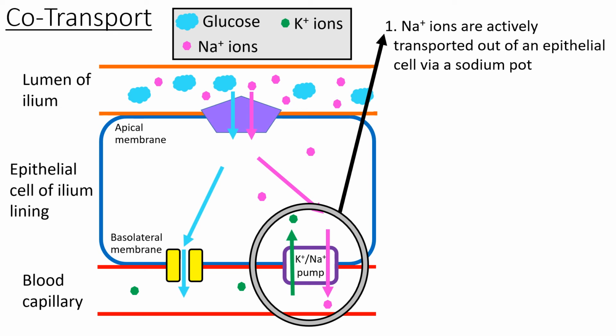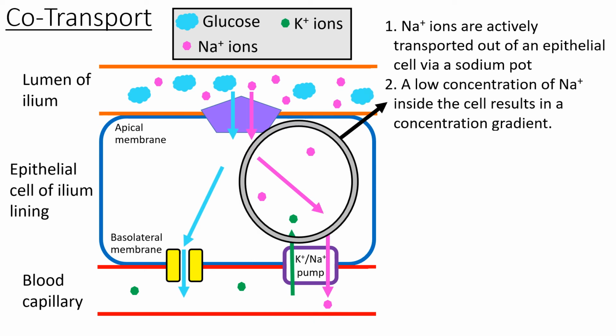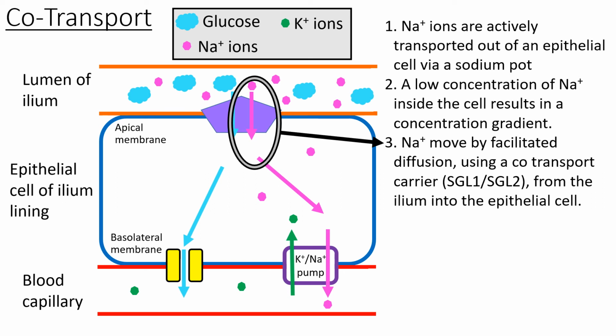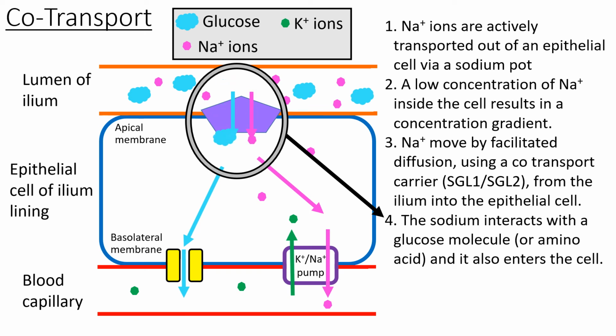What that means is we get a concentration gradient between the lumen of the ileum and the epithelial cells that results in the sodium moving into the epithelial cells. As the sodium moves into the epithelial cells, it brings with it a glucose molecule because you use a co-transport protein. Both are moved across at the same time.